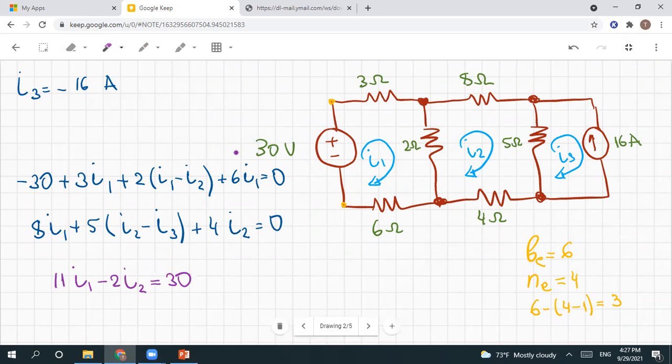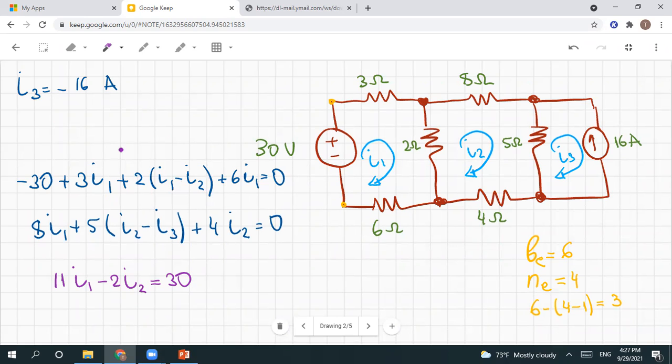Let's see where this number comes from. I'm taking 30 to the other side of the equation, so it will be plus 30. For I1, I have 3I1 plus 2I1, which is 5I1, plus 6I1, which is 11I1. And for I2, I have only this term times 2, so it will be negative 2I2.